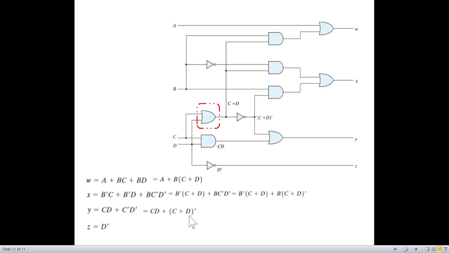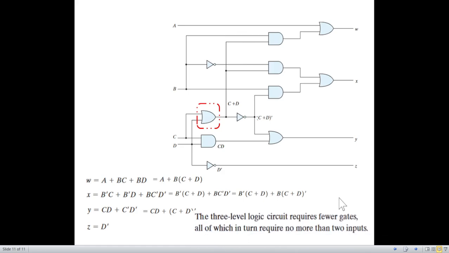We can break this one down, so C plus D inverted. So that is used for Y. From here, you can see inverted. And then Z is D dash.